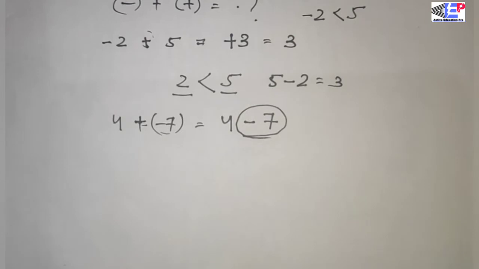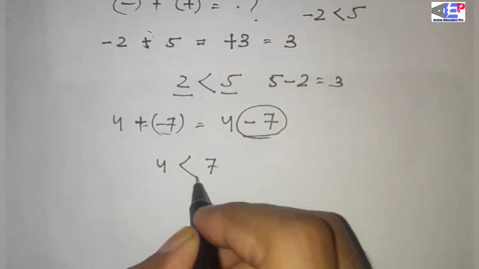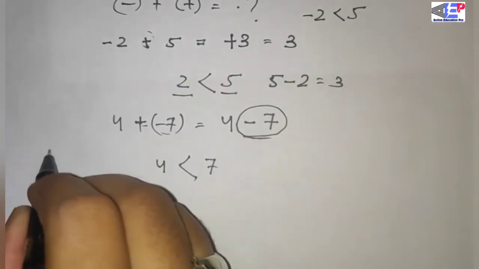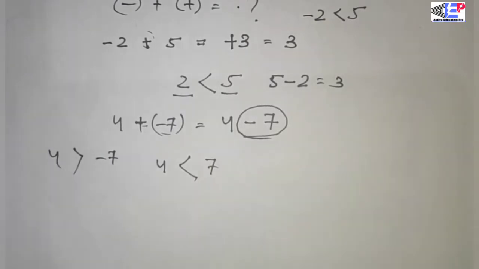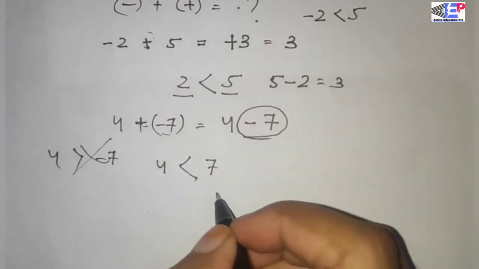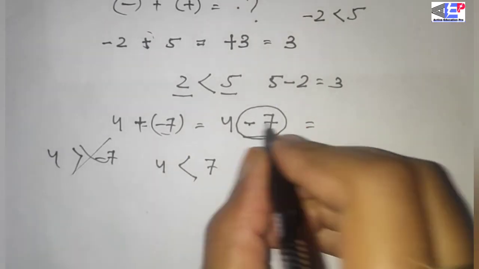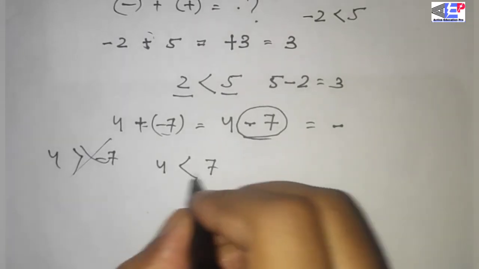So compare the numerical values, 4 and 7, which is greater? 7 is greater. If you compare the integer values, 4 and minus 7, a positive integer is always greater than a negative integer, but this is not considered for calculation of integers. First compare the numerical values 4 and 7, which is larger? 7 is larger than 4. So the sign of 7 is minus, so put a minus symbol, and subtract the numerical values.